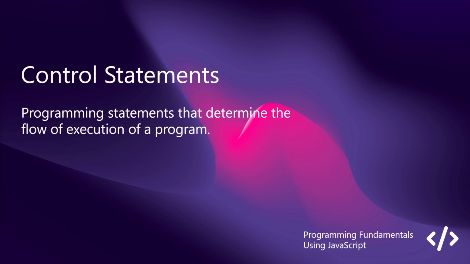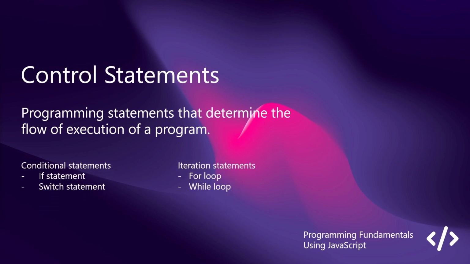To achieve this, we have types of control statements. Basically, there are two major broad ones, and these are the conditional statements and the iteration statements, or you can call them loop statements or conditional loop statements, pretty much the same thing.